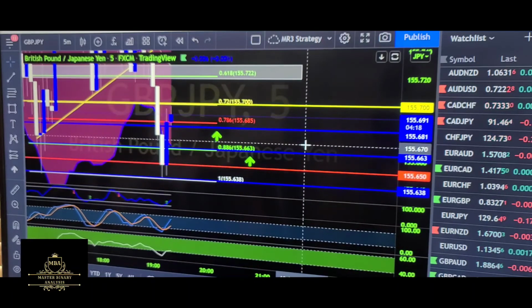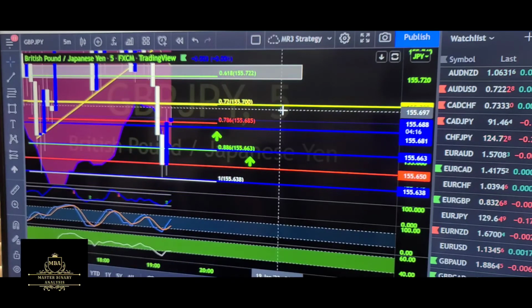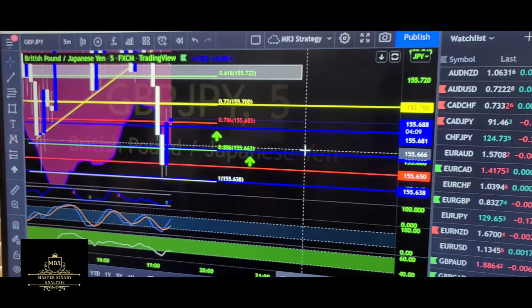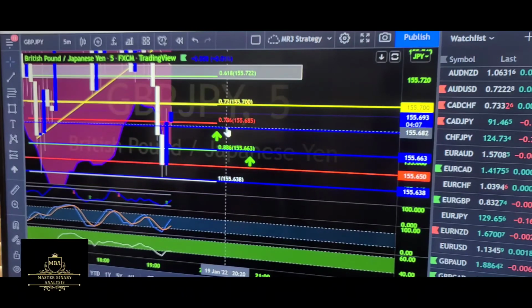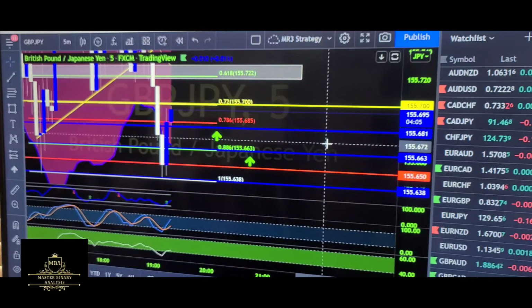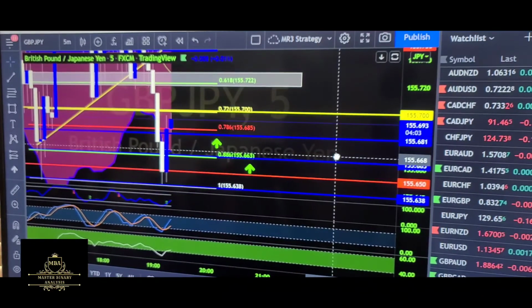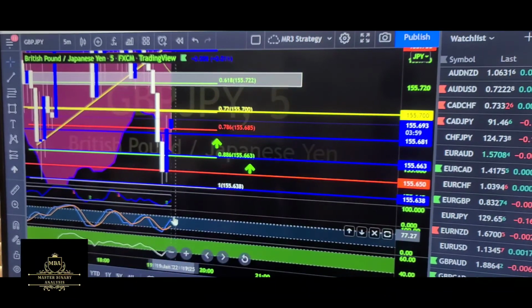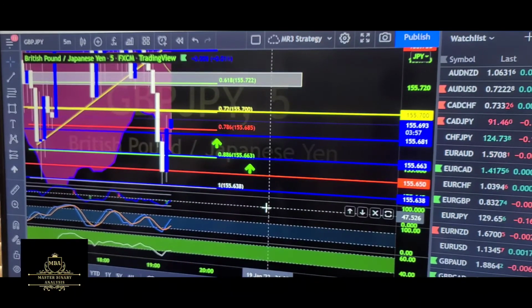The thing that concerns me is I have that 700 institutional level, and it's going to want to respect it. For how long? It could be at least a couple minutes, but as long as it stays above my 81, we're in good shape. So I have indicators telling me that price is supposed to still keep going up, because that's the direction it's going in.